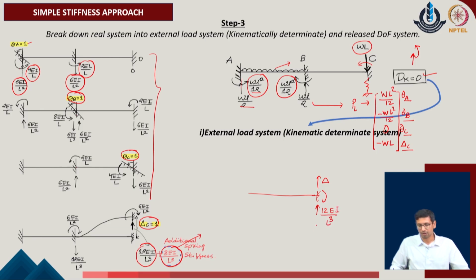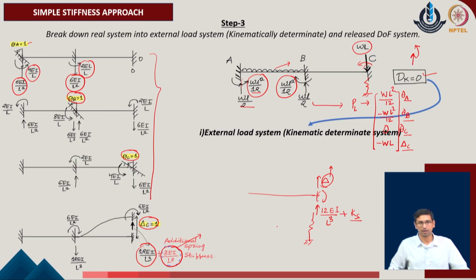But as it is also supported by a spring member, any of the work which is done with respect to a unit deformation in the direction of delta will also require us to work against the spring stiffness, and that is why the spring stiffness has also been added with the given system. So, one must understand that while we are considering the system to be made up of the given support C, which is shown as fully restrained, while writing the stiffness contribution, we have added the parameter which includes the contribution of the spring stiffness in the given problem.